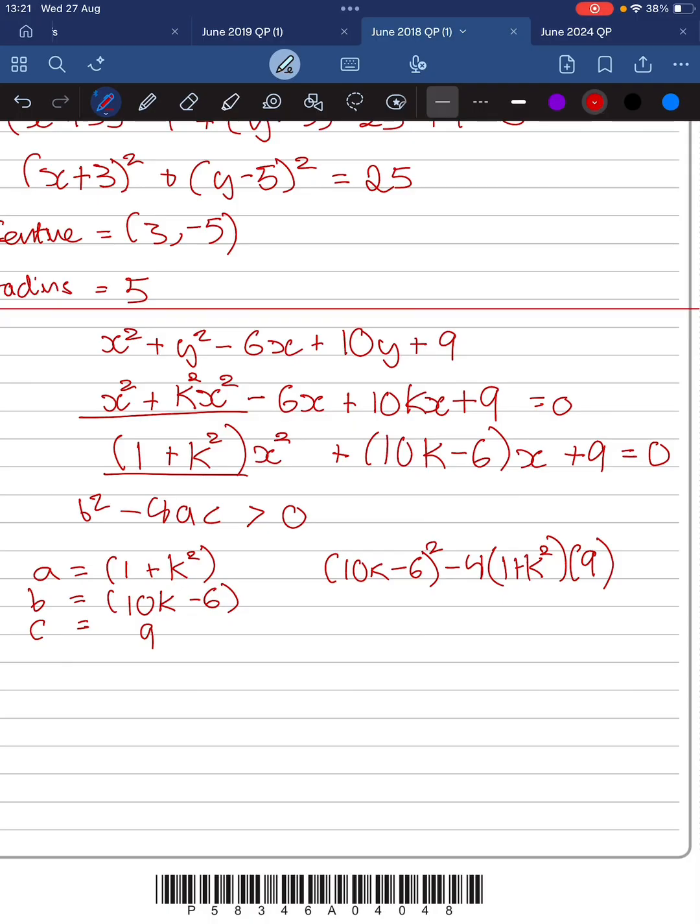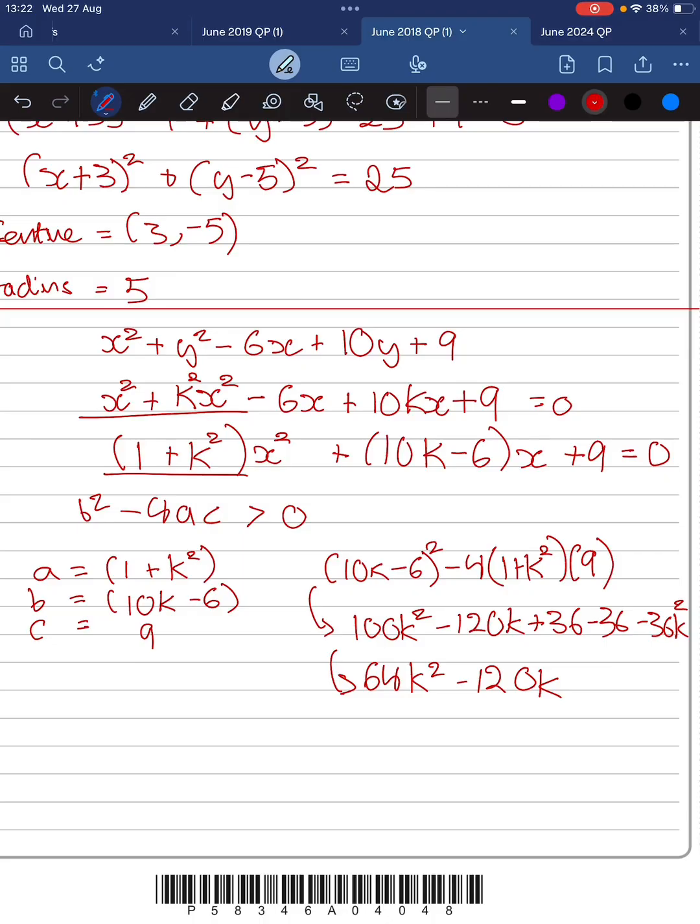Okay? That would leave us with, if we solve it all, 100k squared minus 120k plus 36 minus 36 minus 36k squared. Tidying that up, we would be left with 64k squared minus 120k. Okay?